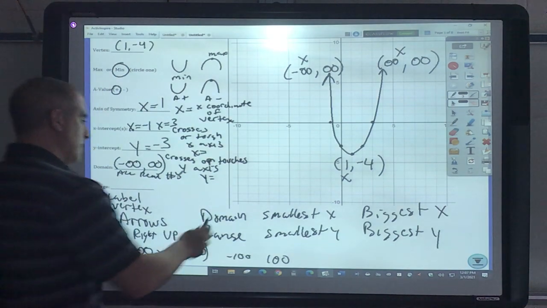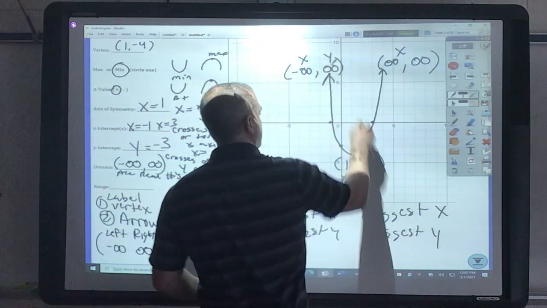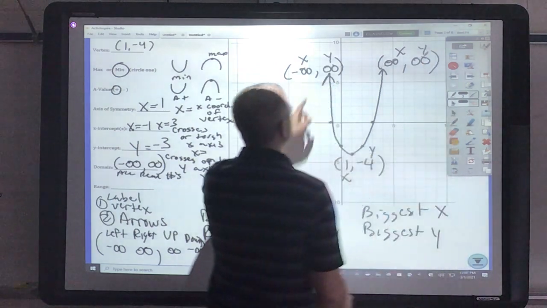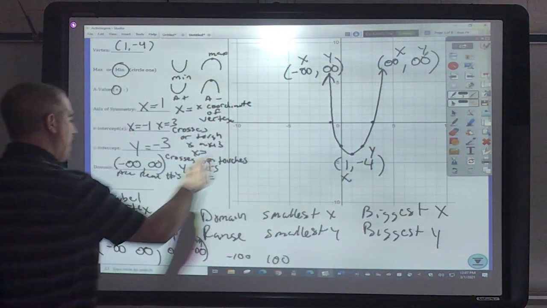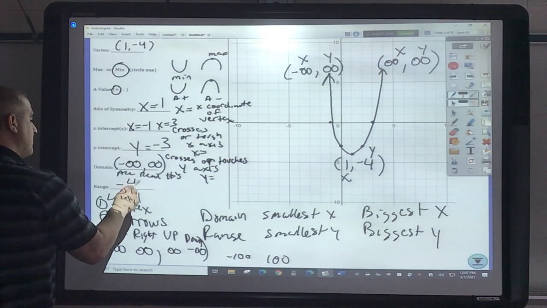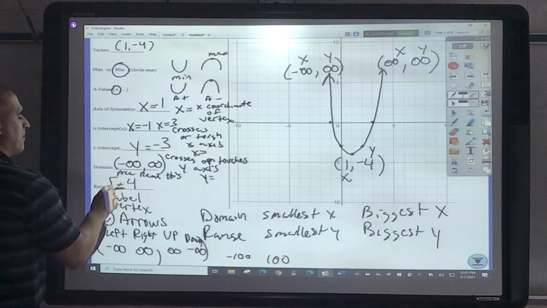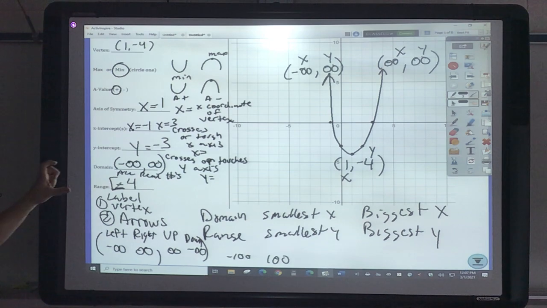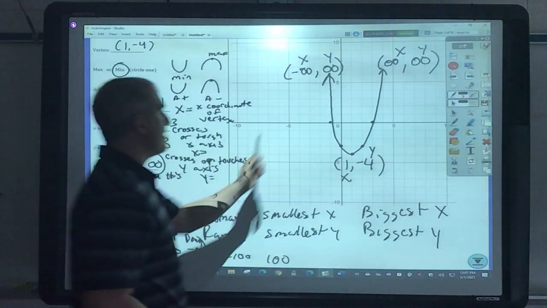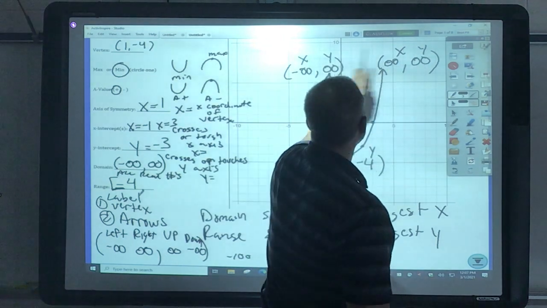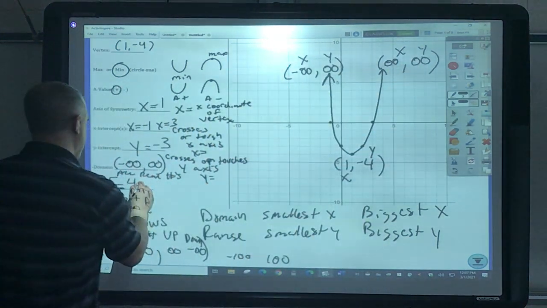The range is the y values. So let's look at these. What's the smallest y value? I got infinity, infinity, and -4. Now, the smallest y value is going to be -4. And since it is a number, we put a closed bracket there, okay? What's my biggest y value? The biggest y value is a tie for infinity, okay?